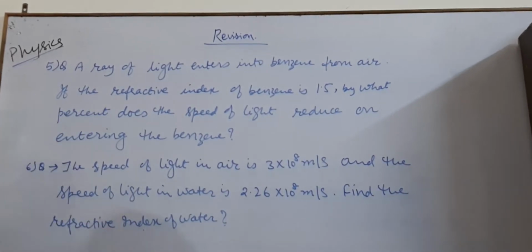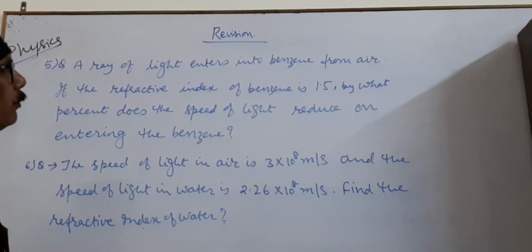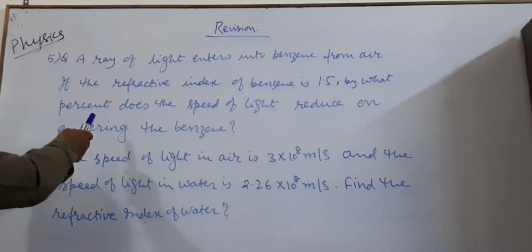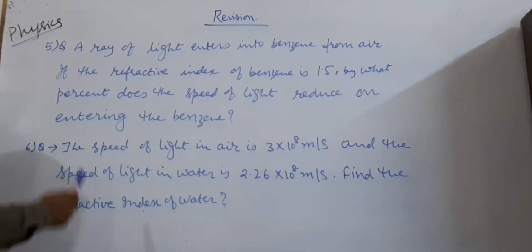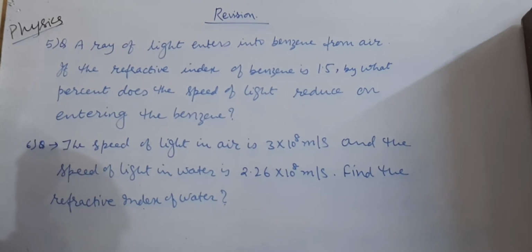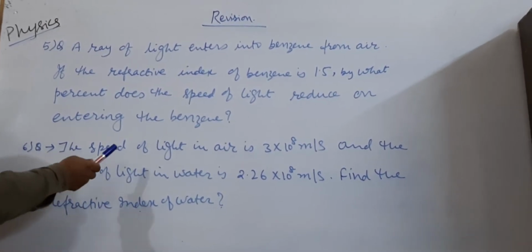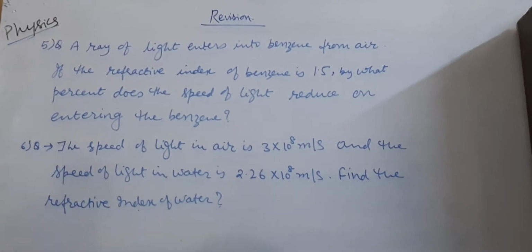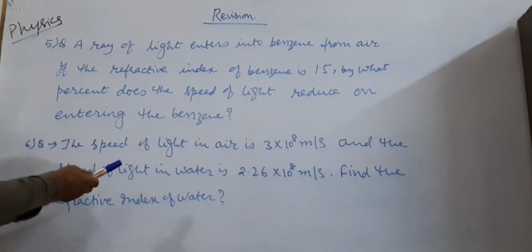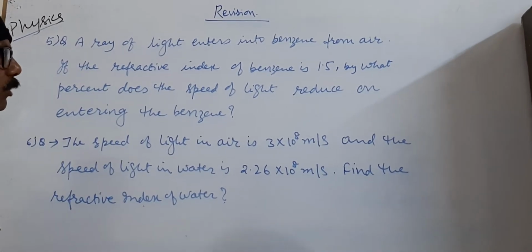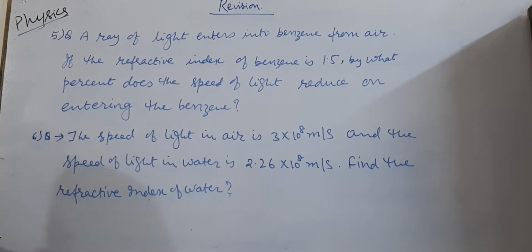If the refractive index of benzene is 1.5, by what percent does the speed of light reduce on entering the benzene? And the second question is, the speed of light in air is 3 into 10 to the power 8 meter per second, and the speed of light in water is 2.26 into 10 to the power 8 meter per second. Find the refractive index of water.